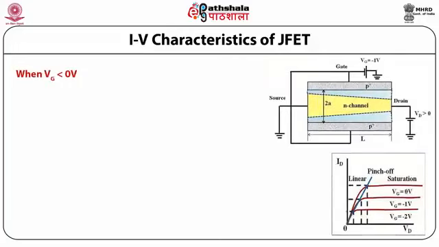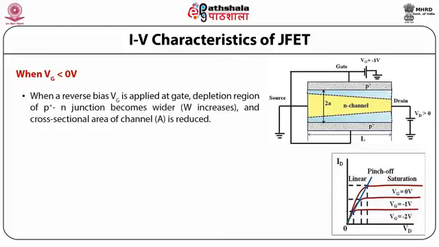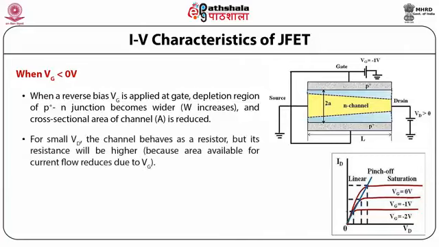Now when some VG is applied, that is less than 0, so when a reverse bias VG is applied at the gate, the depletion region of the P+N junction becomes wider, W increases, and the cross-sectional area of the channel A is reduced. So for small VD, the channel behaves as a resistor, but its resistance will be higher because the area available for current flow reduces due to VG.